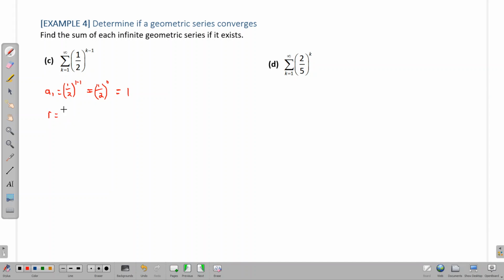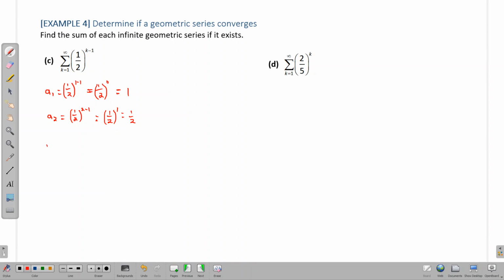And then r, hopefully you have a good guess for this because it is kind of staring at you. But if you didn't know, let's do the a2 again. So a2 would be 1/2 to the 2 minus 1, just plugging 2 in for k, which is 1/2 to the first. Obviously, that's just 1/2.